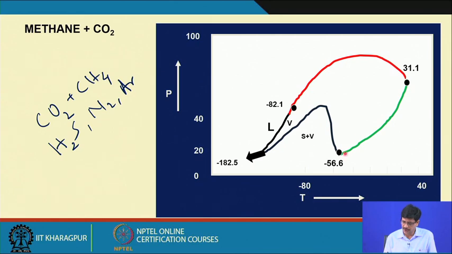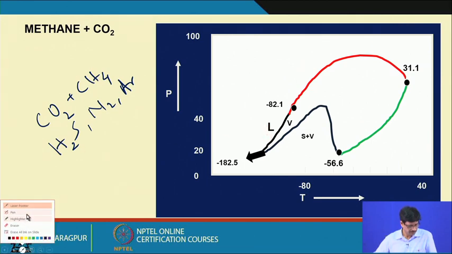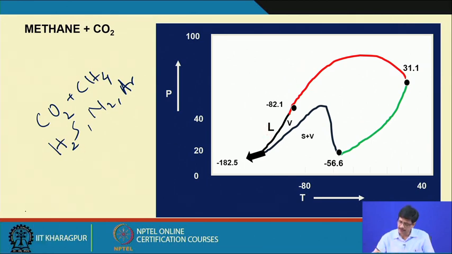What is being shown here is exactly the triple point of carbon dioxide, which is minus 56.6, and this green curve, which is handwritten and not to scale. This is the critical point, Cp, of carbon dioxide.